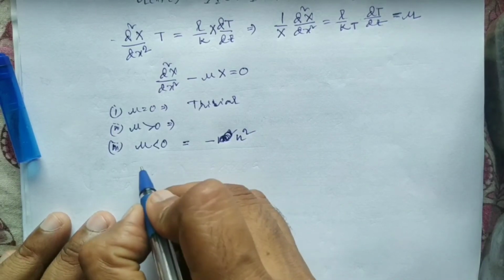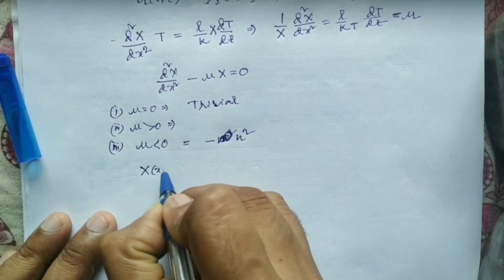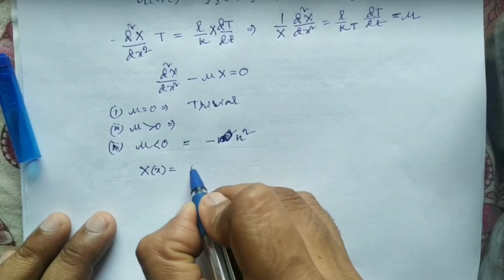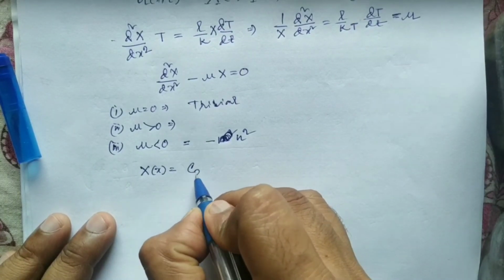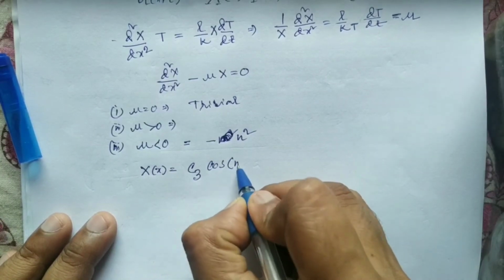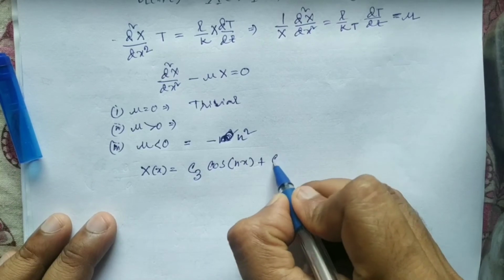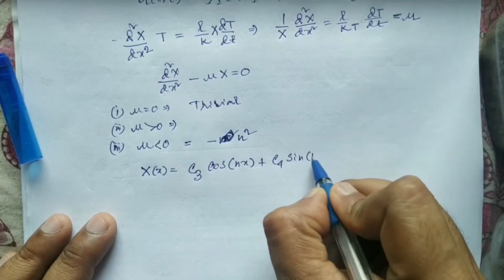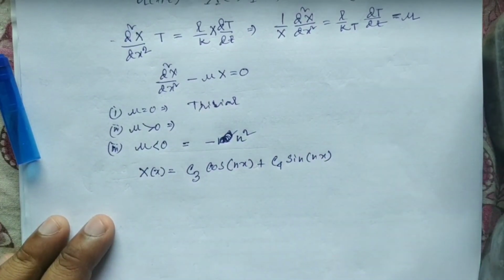This is giving your result as X(x) is equal to c3 cos(nx) plus c4 sin(nx). Now follow that.